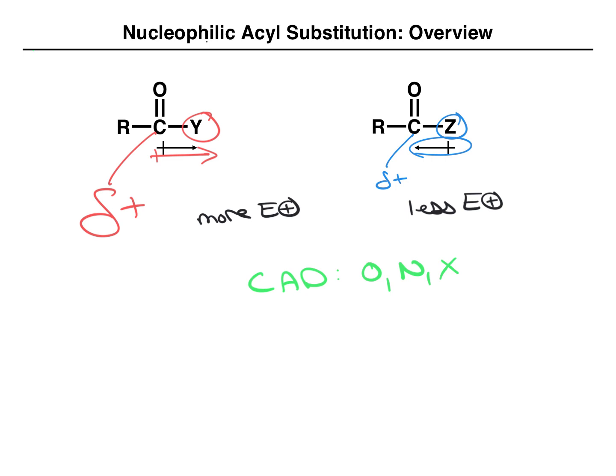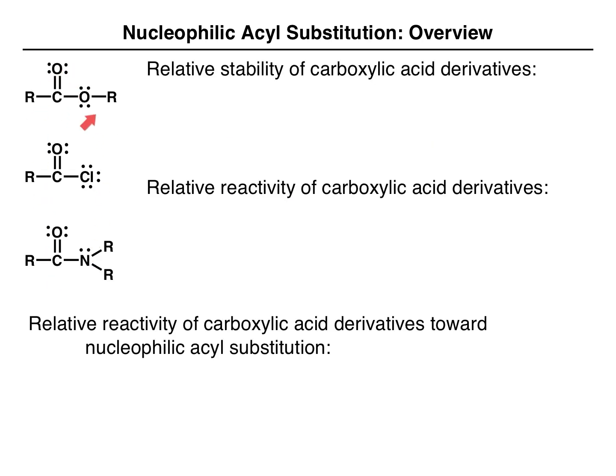So if we're thinking about inductive effect, we're always thinking of this situation. However, we have to keep in mind both inductive effect and resonance effect, which can release some electron density back to the carbonyl. As we consider the relative electrophilicity of the different carbonyl carbons, let's consider differences in electronegativity.